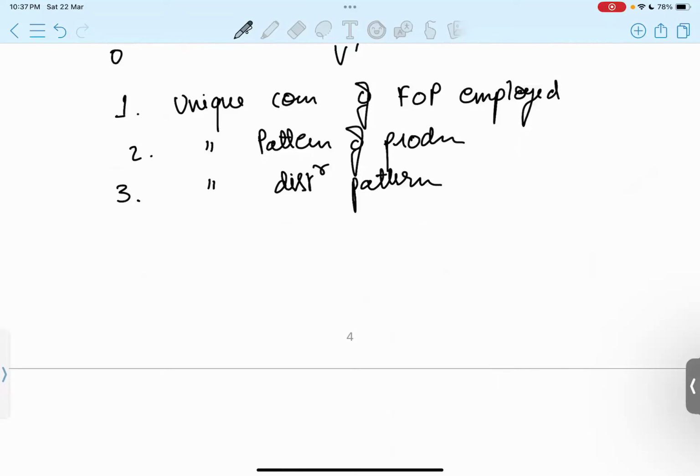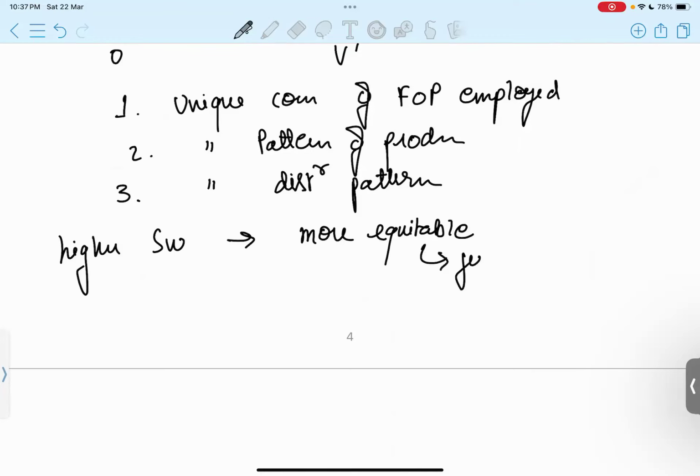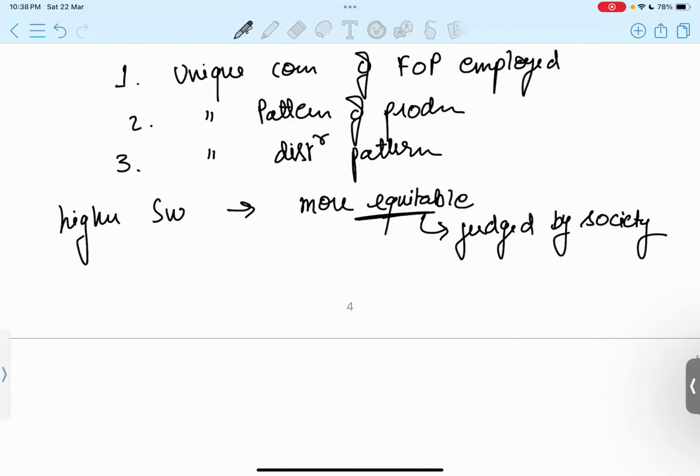And higher social welfare means more equitable in nature, as being judged by the society. That is why it is called value judgment. So equitability would always be judged by the individuals in the society.